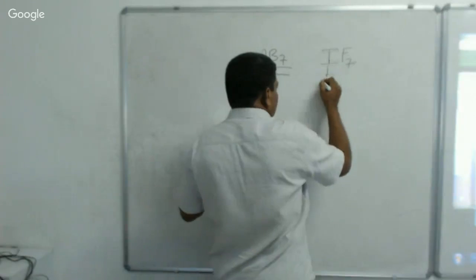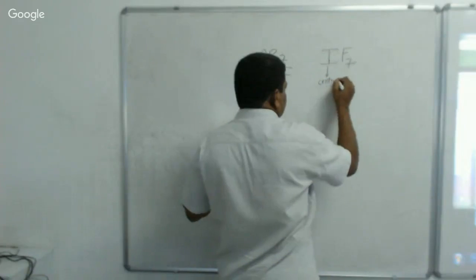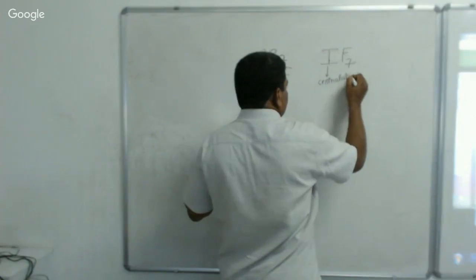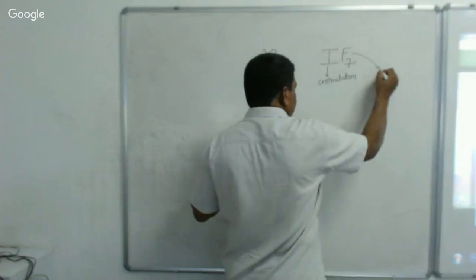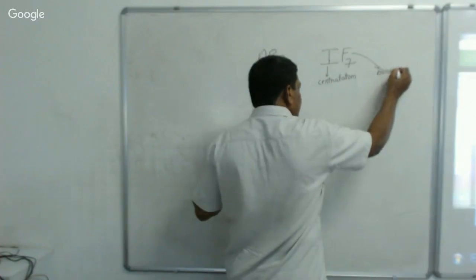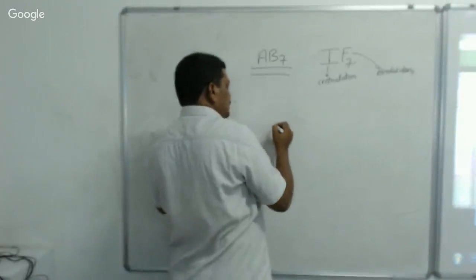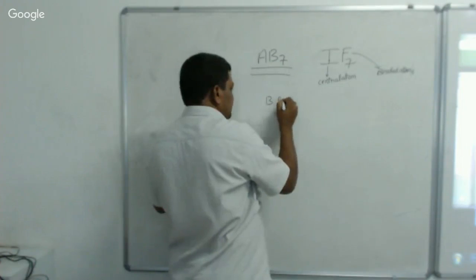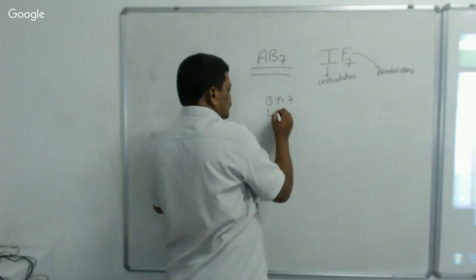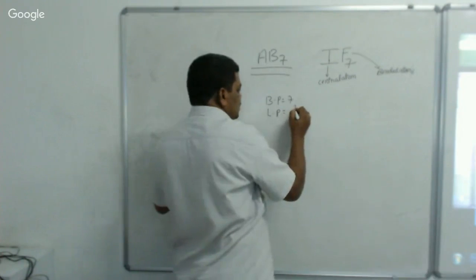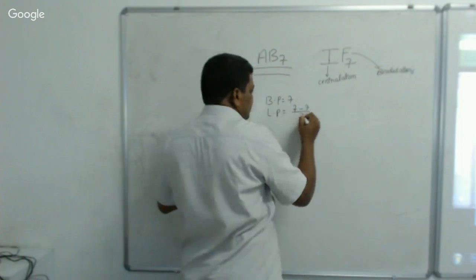So identify the central atom, and fluorines are bonded atoms. How many bonded atoms? 7. So bond pairs are 7. What are the lone pairs? 7 minus 7 by 2, 0.